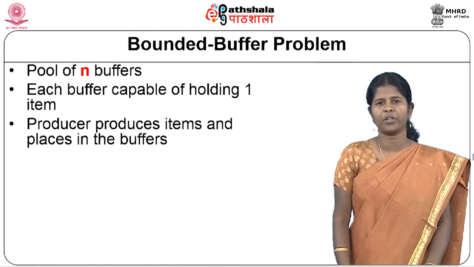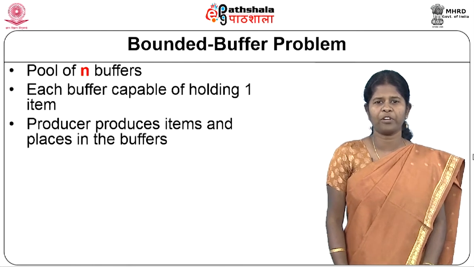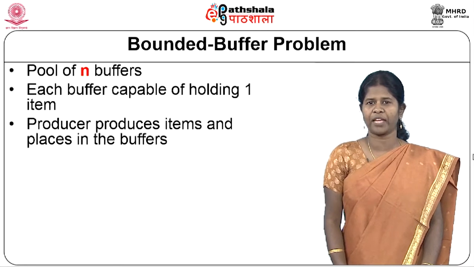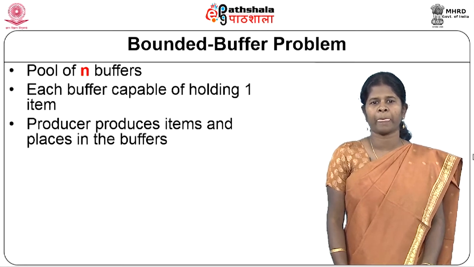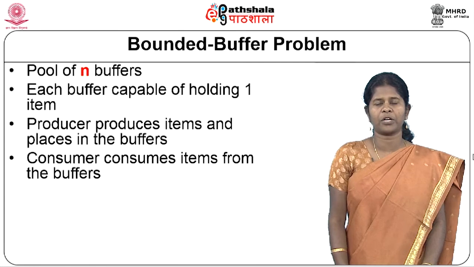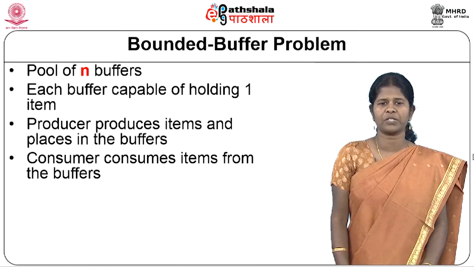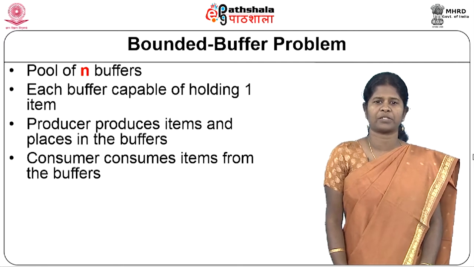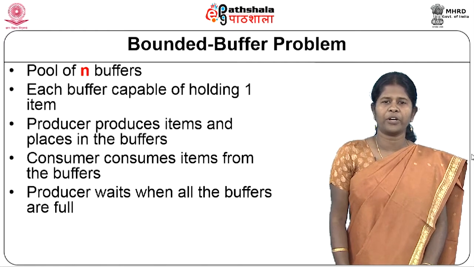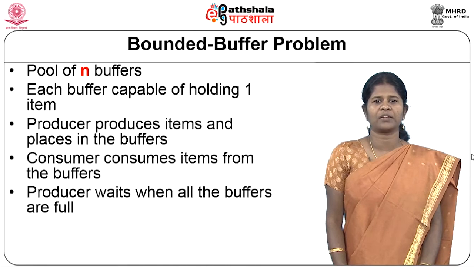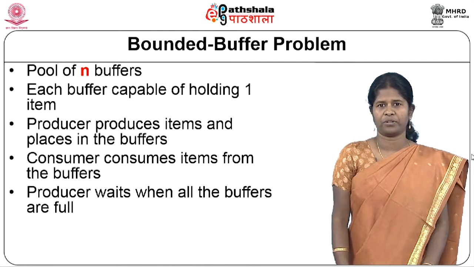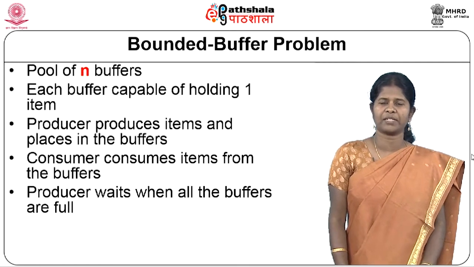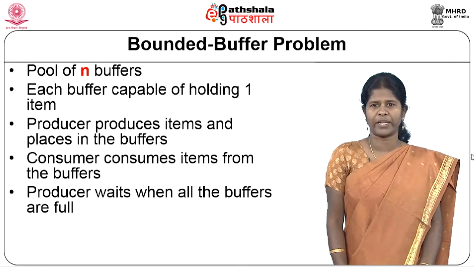And there is a producer process which is capable of producing items, and the producer places the items in the buffers. And there is another process called the consumer process. The consumer consumes the items from the buffers, and the producer will have to wait when all the buffers are full. So, when all the buffers are full, there is no place for the producer to place the item, and hence the producer will wait.